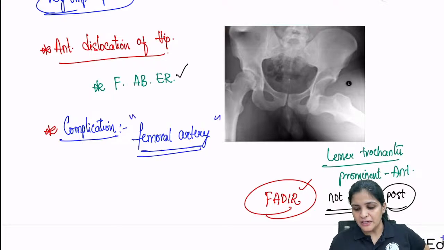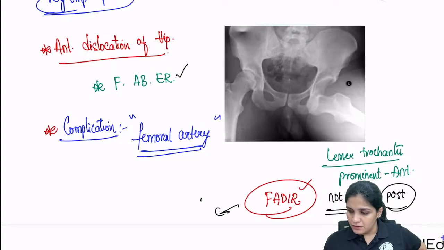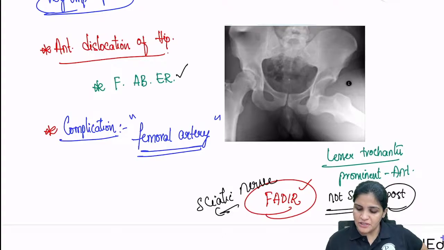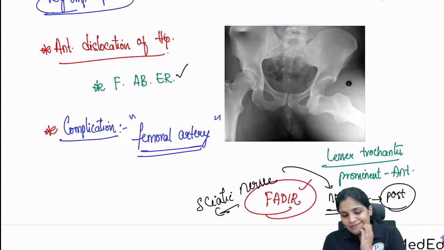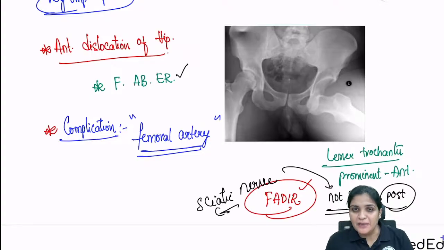If it is posterior, the most important thing you have to remember is the sciatic nerve. Yes, very good. So the femoral artery is on the anterior aspect, where you can feel the pulsations also. Because of the anterior dislocation, the femoral artery gets injured sometimes. Is that clear?